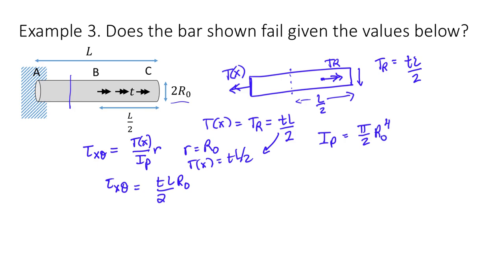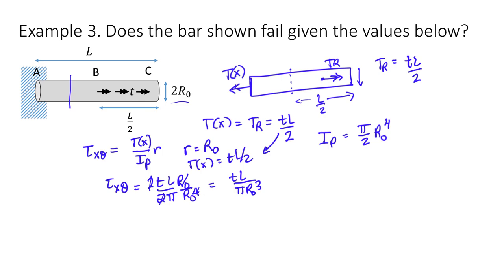And so we'll plug that in over here, and that's on the bottom, so there's a pi on the bottom, a 2 on the top, and then also on the bottom an r naught to the 4th, which we can then simplify. Those 2's cancel, the r naught cancels with one of those there, and we have tL over pi r naught to the 3rd is our shear stress.